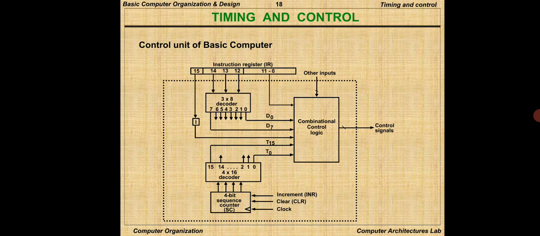The operation it performs is increment or clear on the counter. So based upon my sequence counter output, the decoder decodes it and generates the states T0, T1, T2 till T15. So this is a basic timing and control block.